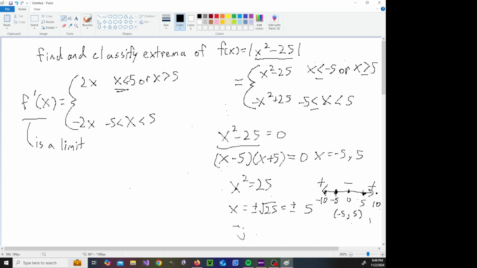So maybe I even make a point, right? My piecewise derivative is 2x there, negative 2x on this interval, and then just to make it extra clear, I'm going to write that it does not exist when x is equal to negative 5 or x is equal to positive 5, just to make it extra clear, right?